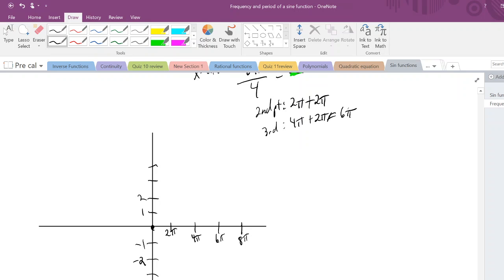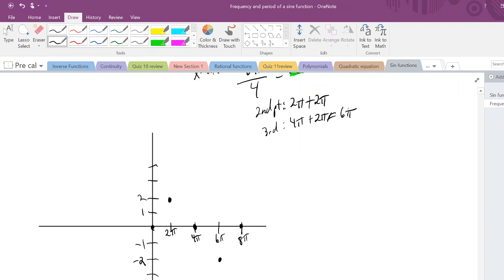Okay, at 2 pi, we said it goes up to 2, because it goes up to the amplitude. Normally you go to 1, but since the amplitude changed to 2, we have to go up 2. And at 4 pi, it's going to go to 0. And then at 6 pi, it's going to go to -2. And then it's going to go back to it.